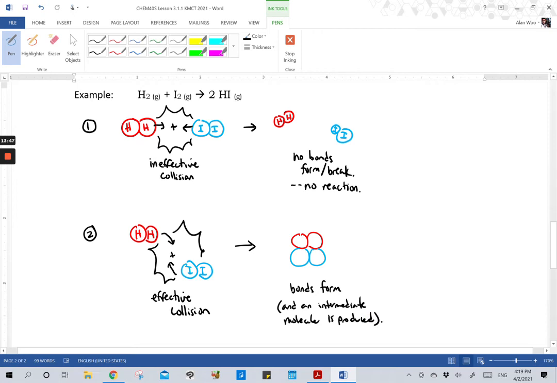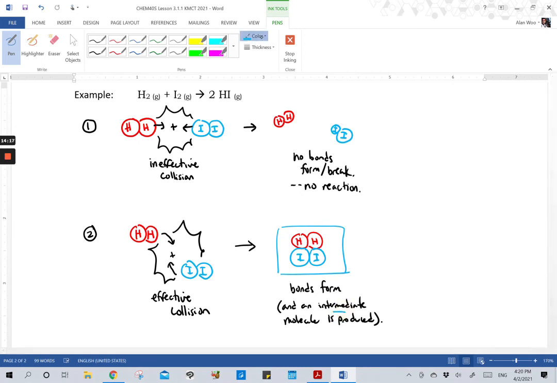We'll talk more about these intermediate molecules in the next couple of lessons, but right now you have the hydrogens and the iodines forming a bond between them. So this is one whole molecule, one whole particle, that we call an intermediate.